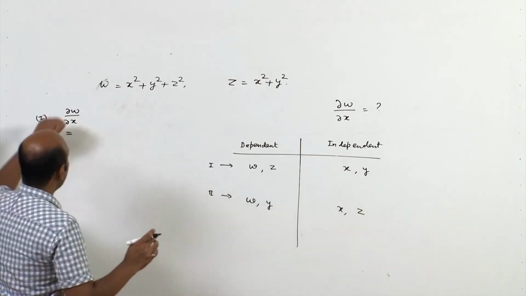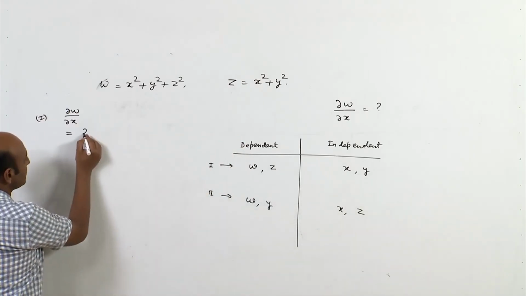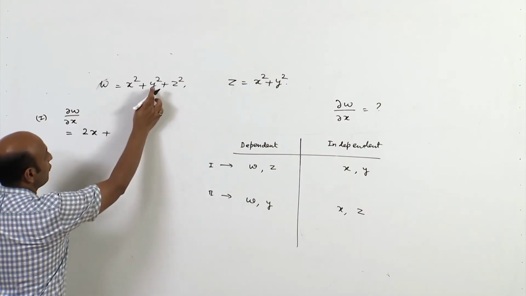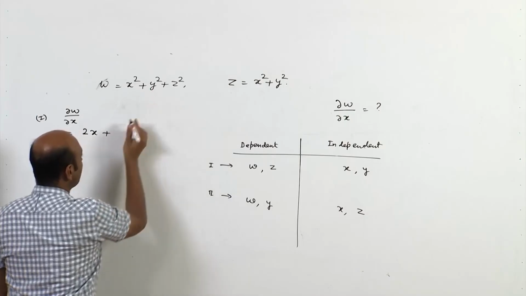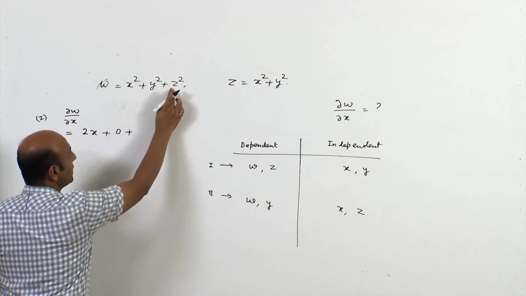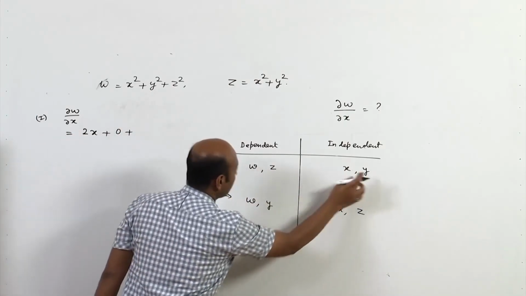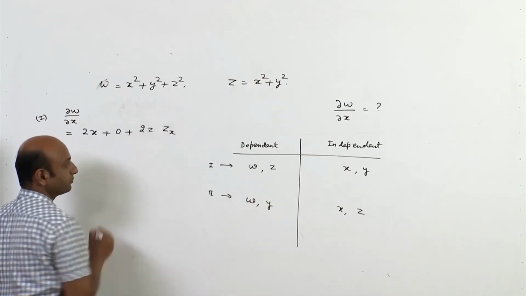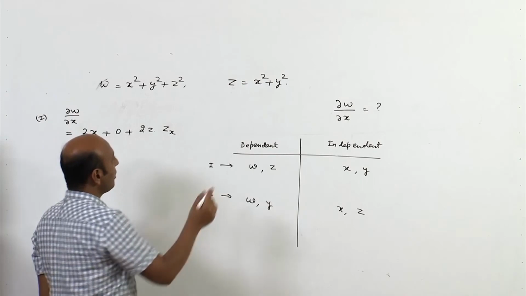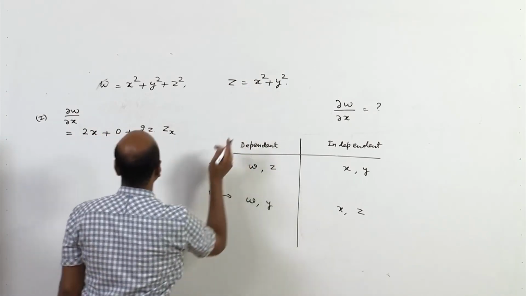Okay. Now, when you differentiate partially with respect to x, it is 2x plus. Now, y and x are independent, so the partial derivative of y with respect to x will be 0, plus. Now, z is dependent on x and y, so it is 2z into z_x. Okay. And from here z_x is 2x.